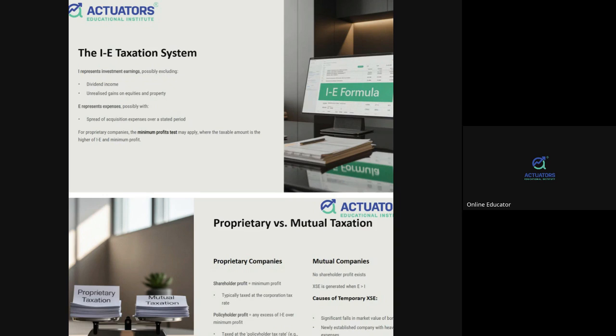Why are you saying it as expense minus 20? It's basically policyholder profit, right? Yes, but at the end of the day, that minus 20 is coming from the I minus E portion, because the RHS is still I minus E. So I'm assuming this minus 20 is coming from some investment return netted off against expenses.